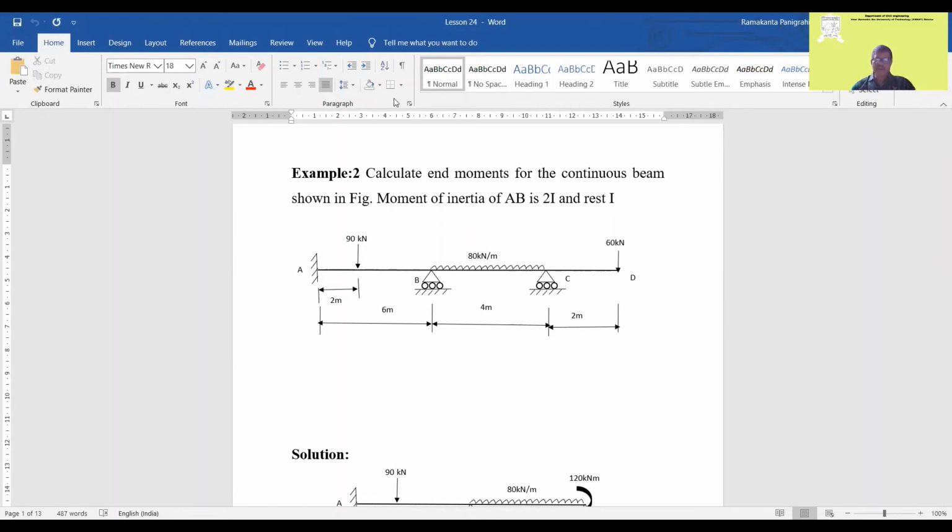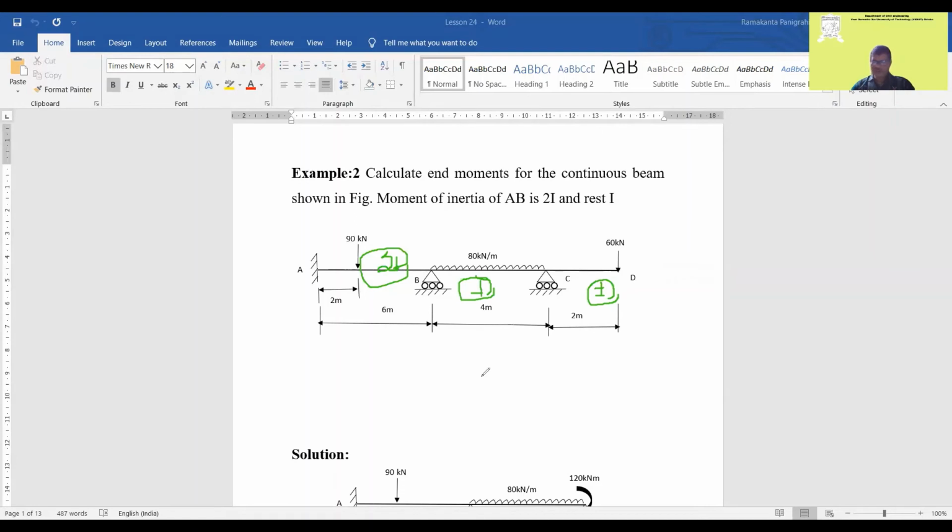The moment of inertia of span AB is 2I, and all the rest are I. There's the overhanging part, and the load acting here is 90 kilonewton and 80 kilonewton per meter. The 90 is not at the center, it is at a distance of 2 meters from end A, and there is an overhanging load of 60 kilonewton. So this is the problem.